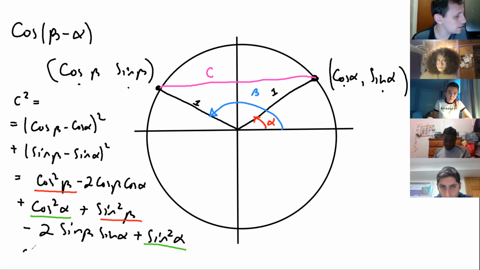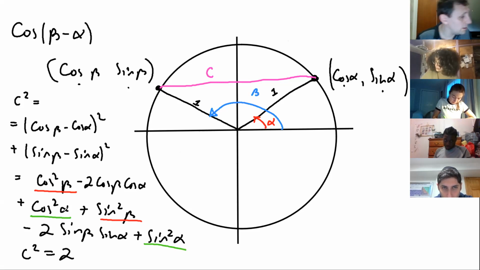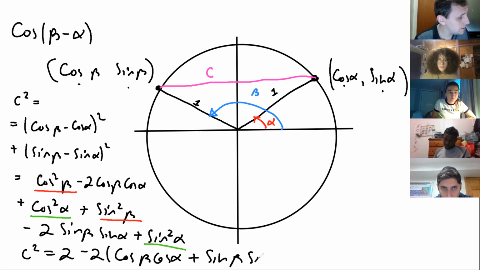We see that c squared is equal, this red is 1 plus green is 1, so we have 2. And the rest, we can factor out minus 2, so it's minus 2 times cosine beta cosine alpha plus sine beta sine alpha. This is the formula we obtained for c squared.